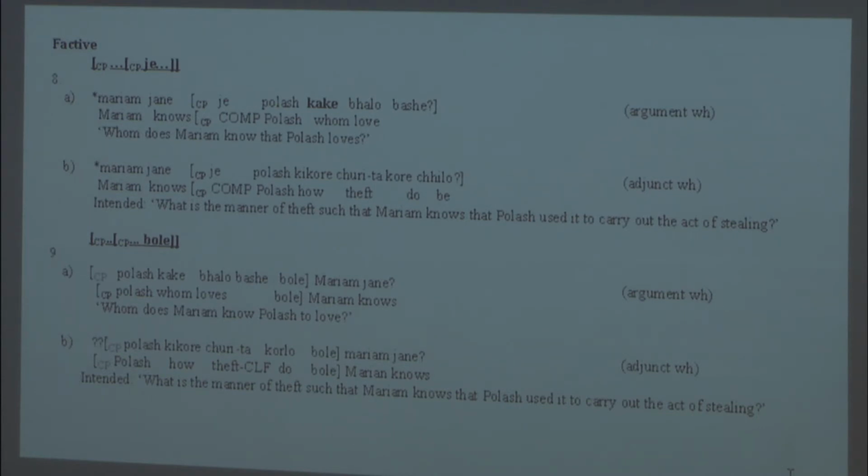The classifier helps because we are presupposing that the theft happened, and there are some possible manners. The how is by itself, and you're saying, in which way did the theft happen? I see. Okay, not which manner.